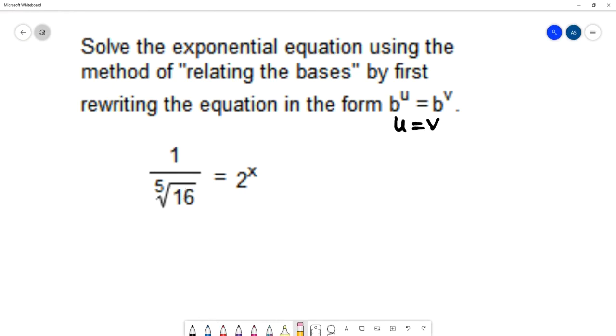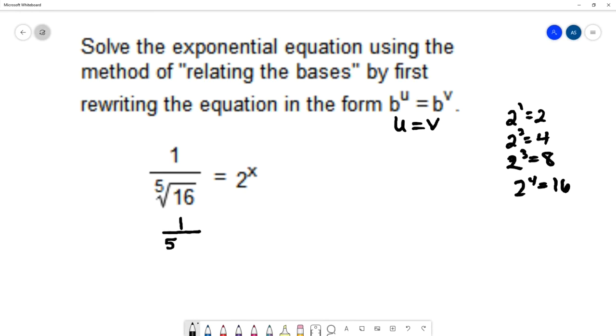So the number 16, if I think about 16, I know 2 to the first power is 2, 2 to the second power is 4, 2 to the third power is 8, 2 to the fourth power is 16. So I can write that 16 with a base of 2. That's 1 over the 5th root of 2 to the 4th.